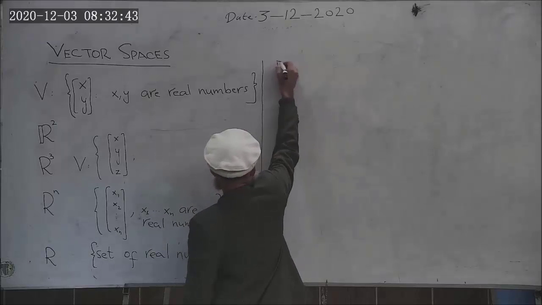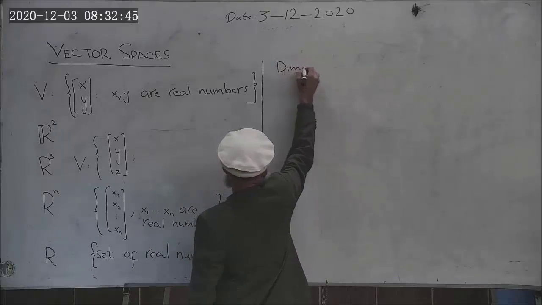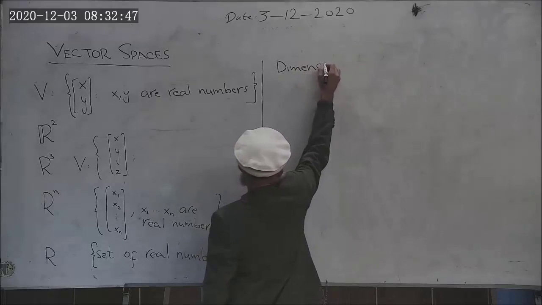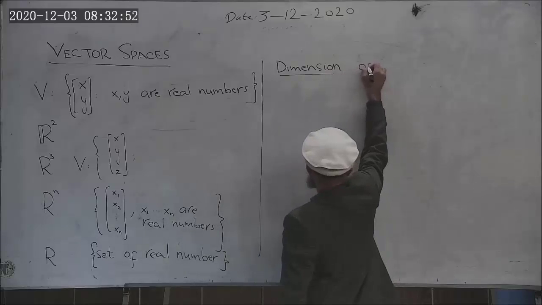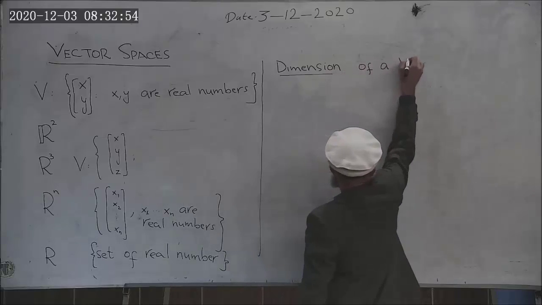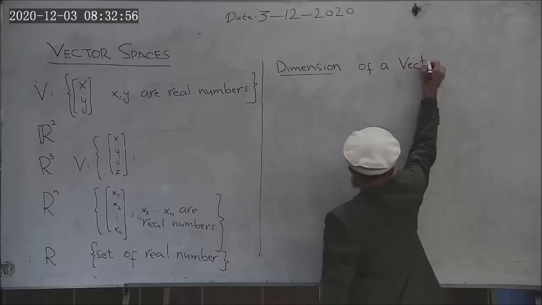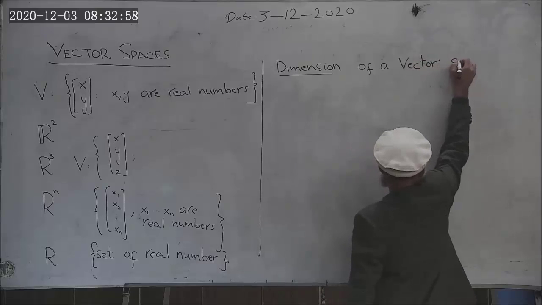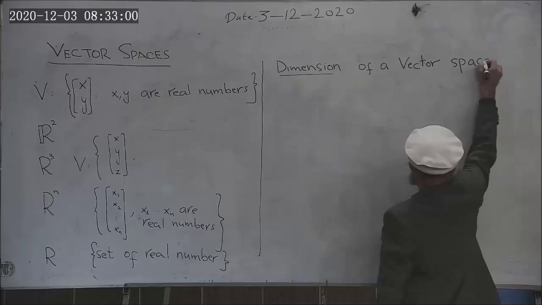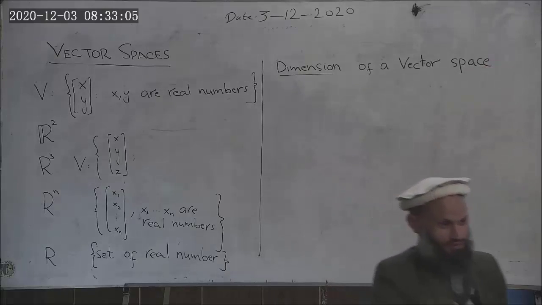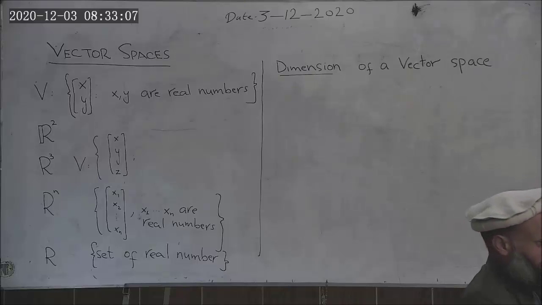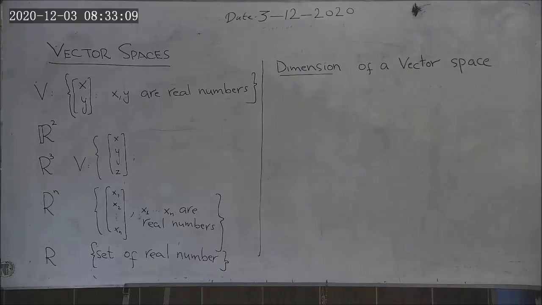Dimensions. What is a dimension of a vector space? The maximum number of linearly independent vectors in that space.